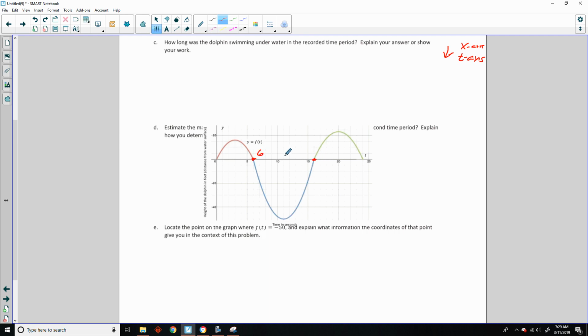So at 6 seconds, it entered the water, and at 16 seconds, it jumped out of the water again. So it was swimming underwater between 6 and 16 seconds, and so 16 minus 6 equals 10 seconds.